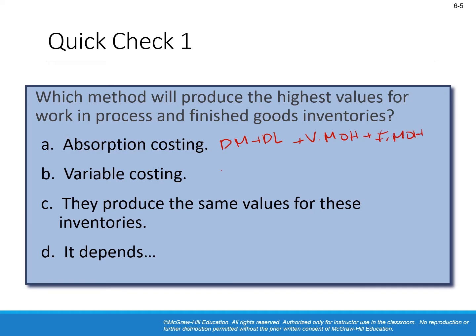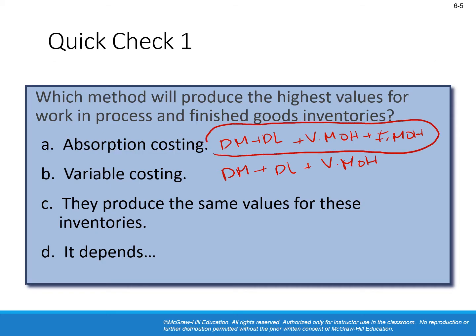However, variable costing has DM, DL, and the variable component of manufacturing overhead. So it makes sense that absorption costing will have a greater value in work in process and finished goods. So WIP and FG will have greater values under absorption costing.